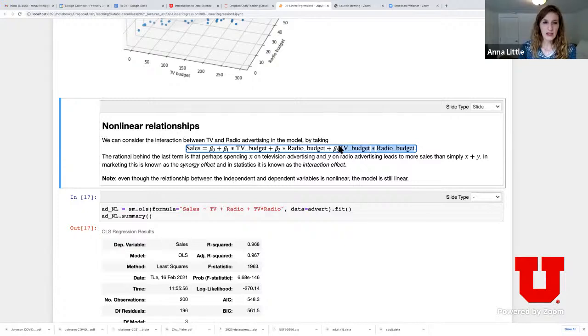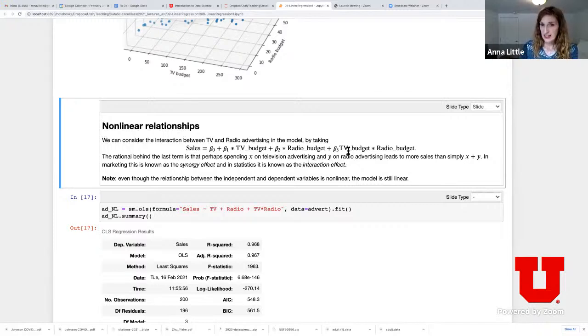So this might be known as a synergy effect, right? So maybe there's some kind of contribution where if both of these numbers are large, it creates a synergy and we get an even bigger boost. So they may have a nonlinear reaction in that way that we want to include in the model.